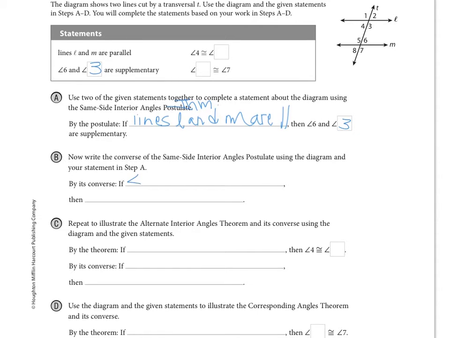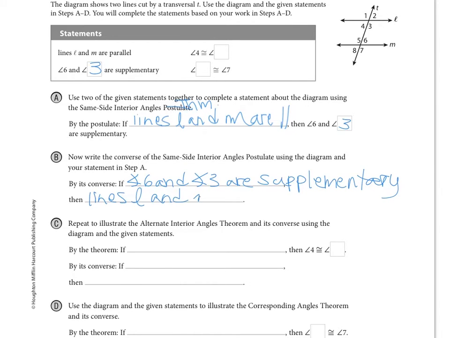So if I start by saying that angle 6 and angle 3 are supplementary, then what we can conclude is that lines L and M are parallel.